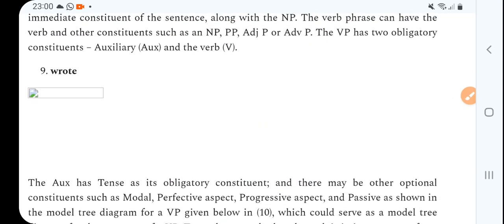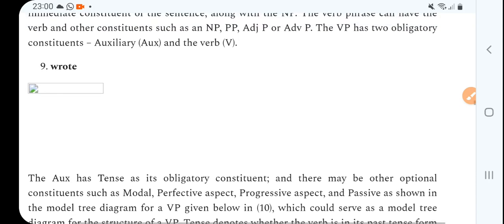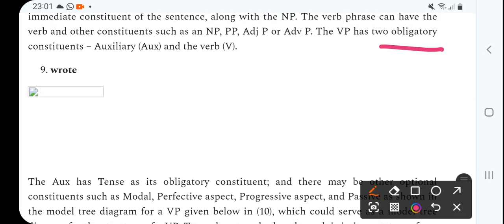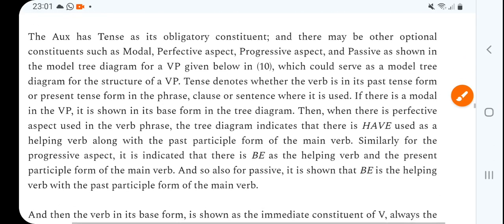The VP has two obligatory constituents. What does obligatory mean? Compulsory constituents: the auxiliary and the verb, or main verb, helping verb and main verb, right?